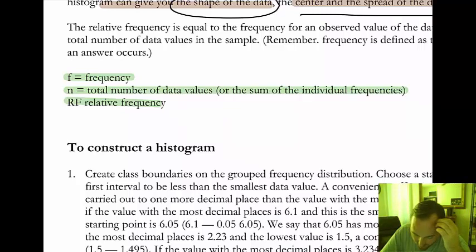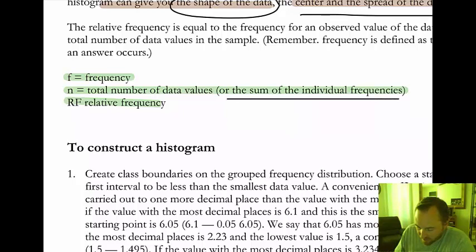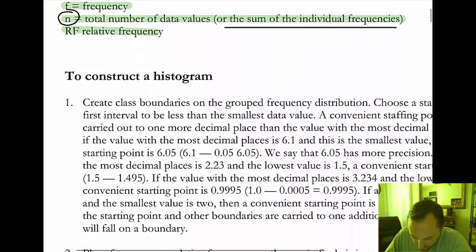N is pretty universal. Anytime you see N, that's going to stand for the sample size, and it is also the total number of values. When I ask you to sum the frequencies all together, that is the sample size, that is also n. You'll see the letter N in any research article. It's universal all around the world; it stands for the sample size.